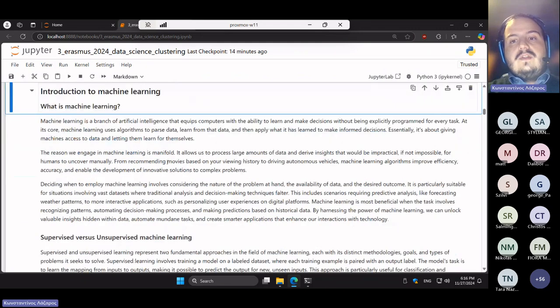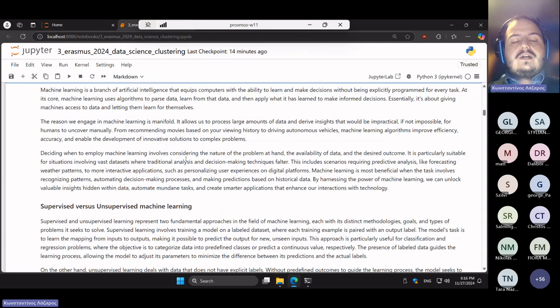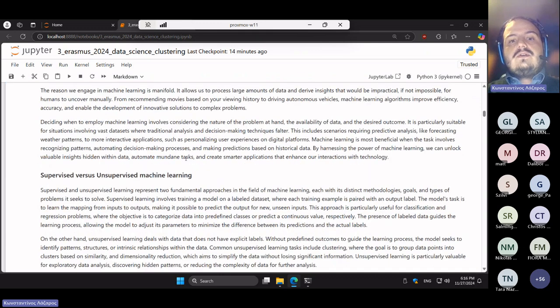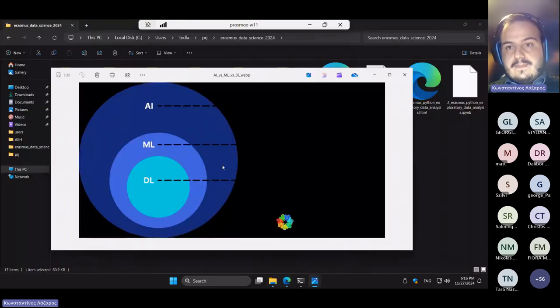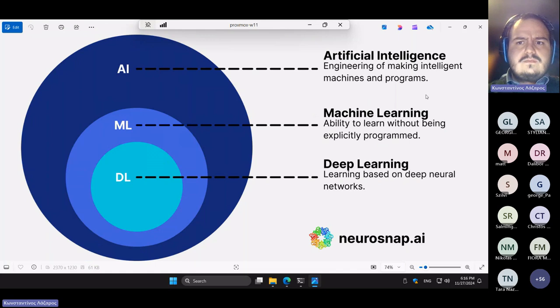So with all that being said, let's start with what machine learning actually is and why we really like it. So machine learning essentially, let me also put up a picture here so that we can get a better understanding. So machine learning essentially is a subfield of artificial intelligence through which we basically get data, and I'm talking about large amounts of data, and we feed it into certain algorithms so that they can actually mimic the way we make decisions.